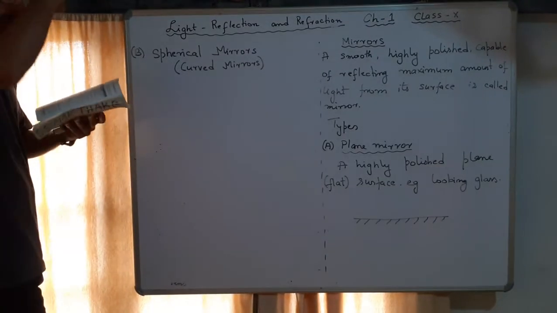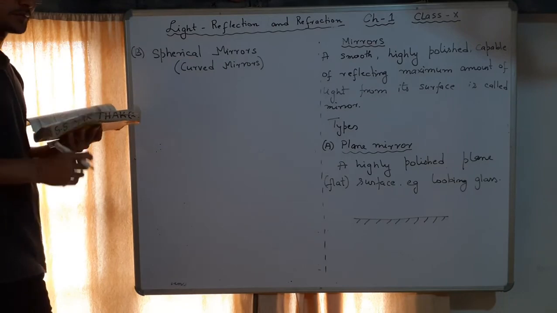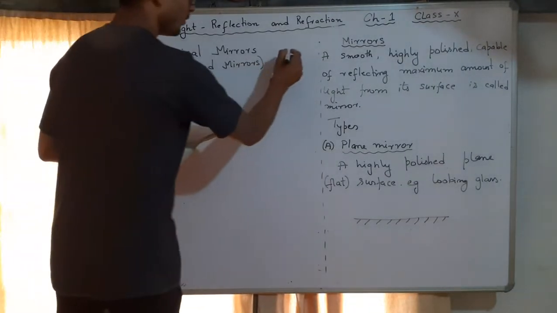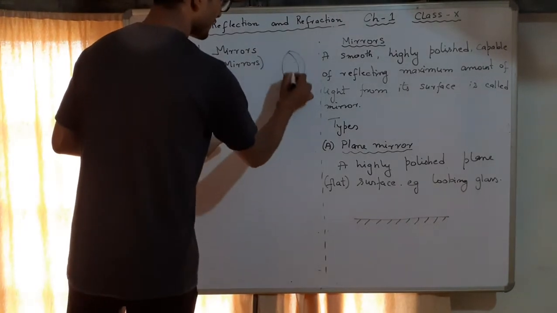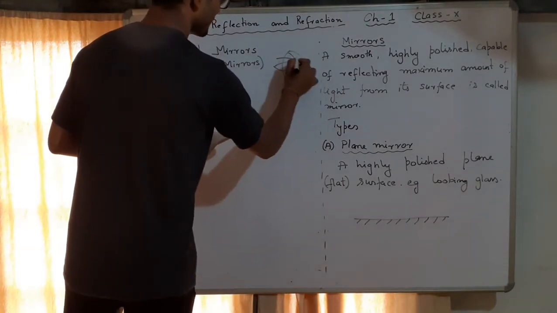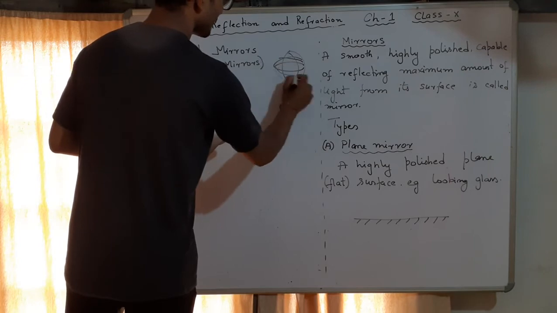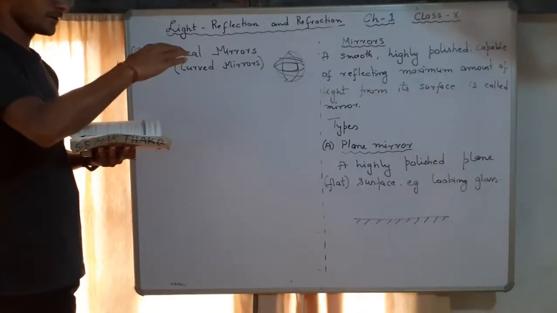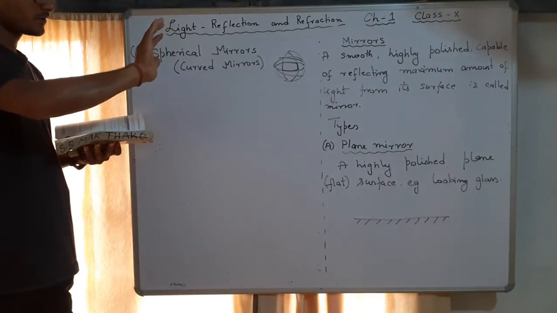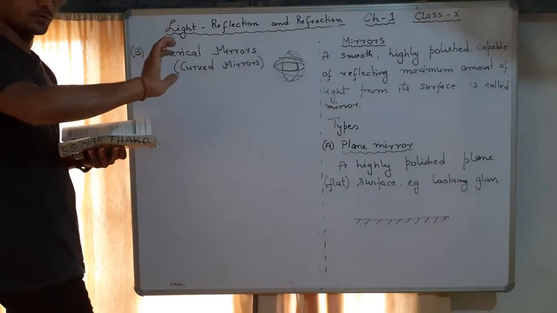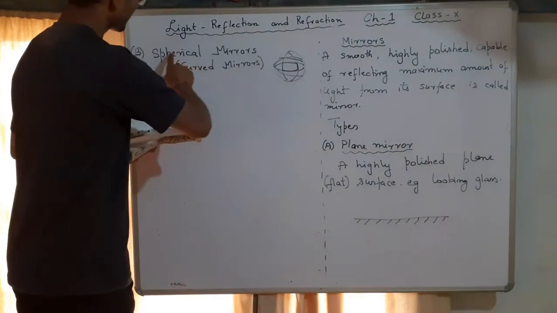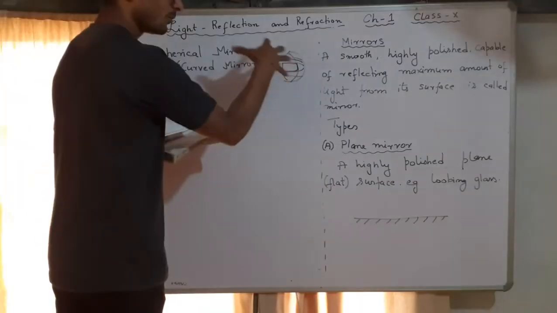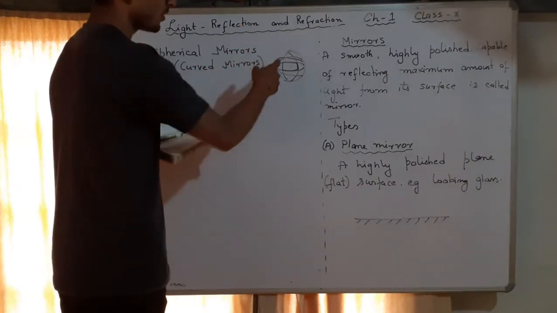If you have a ball, that is sphere. Spherical mirror means from the ball you cut some part. A football looks like this, isn't it? If you cut this section, it will look like a small spherical bowl, B-O-W-L, plate. So that is spherical mirror. From the football you cut one section.